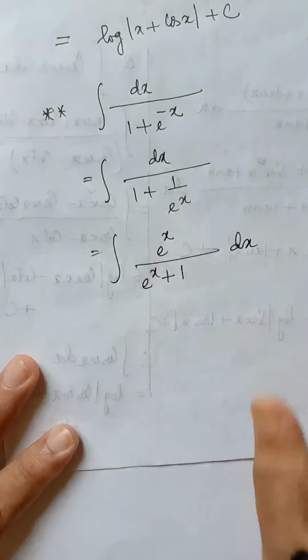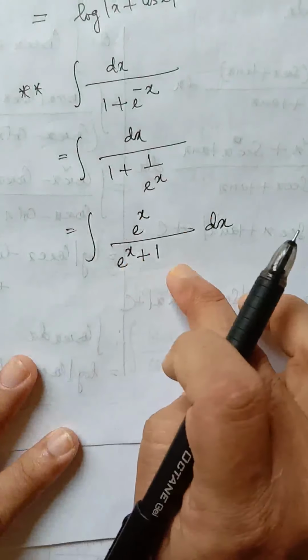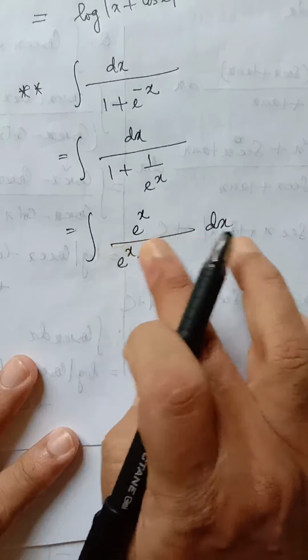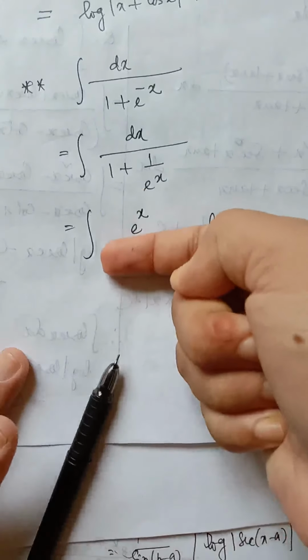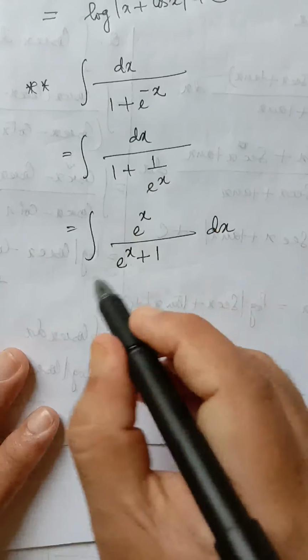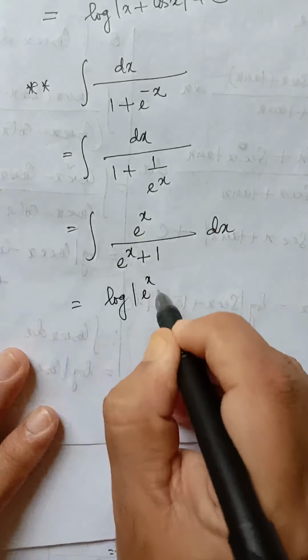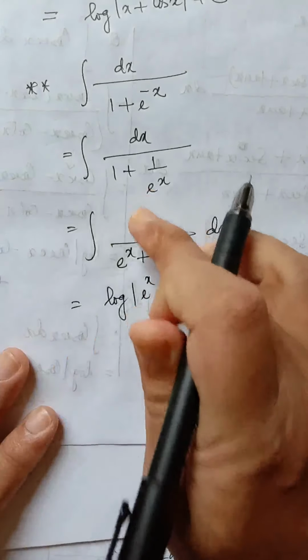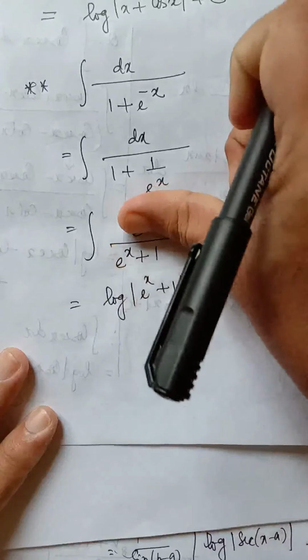Now you can see e to the power x by e to the power x plus 1: the derivative of e to the power x plus 1 is e to the power x. So this is our f x and this is our f dash x. So this integration will be log of f x, log of e to the power x plus 1.